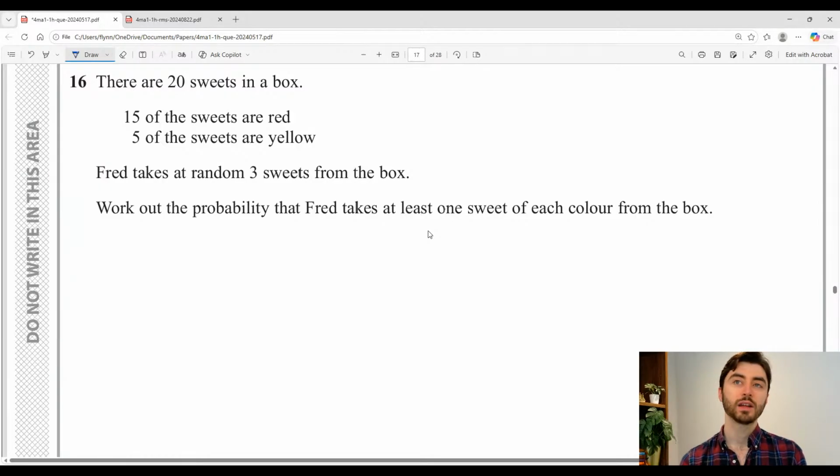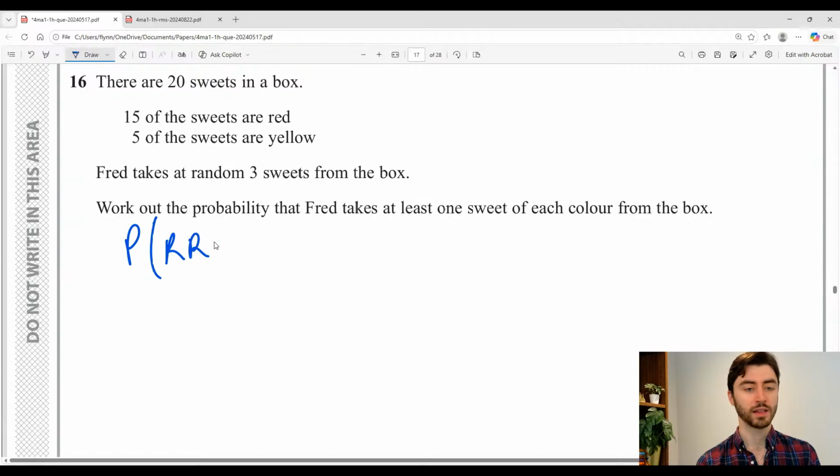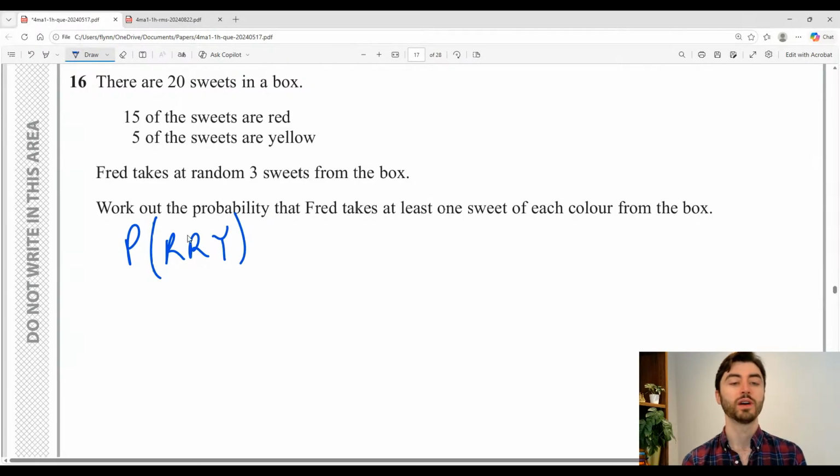Now that's going to be kind of complicated because, well, let's put it this way. There's two ways of doing this one. Either we do it directly, where we get the probability. Now, because he's taking 3 sweets, that's either red, red, yellow, and all combinations of that. So it's either red, red, yellow, red, yellow, red, or yellow, red, red, which will all have the same probability.